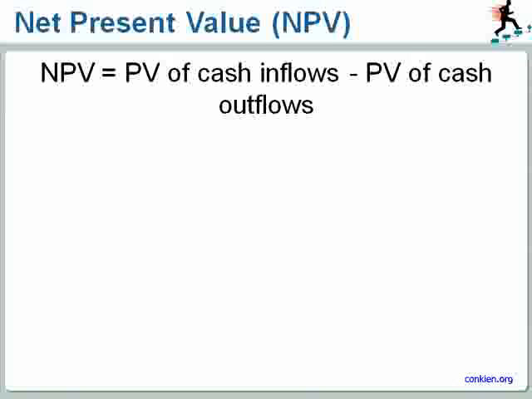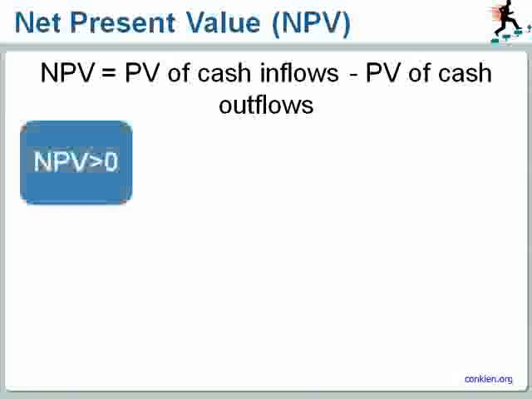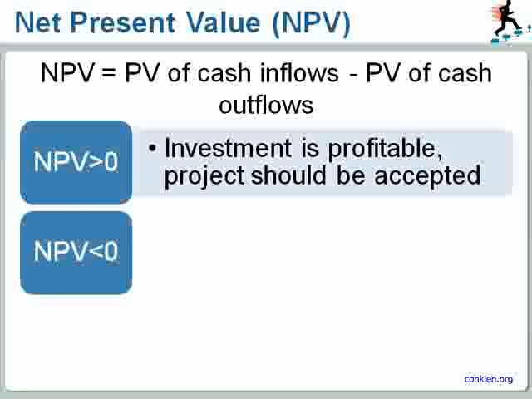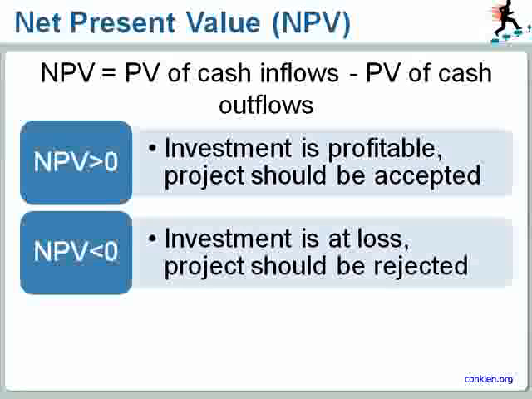But what you need to know is this: if the net present value is greater than 0, then the investment is profitable and the project should be accepted. If the net present value is less than 0, this means that the investment is a loss and the project should be rejected.